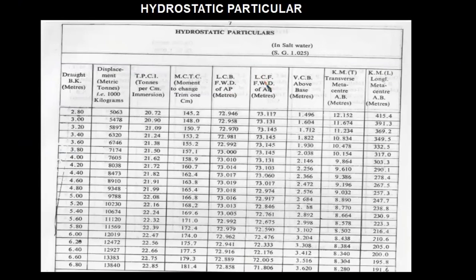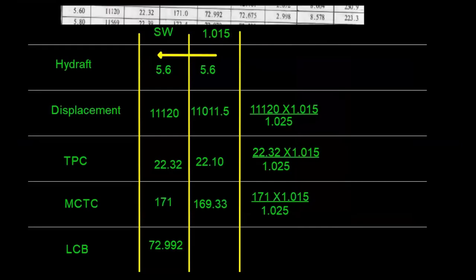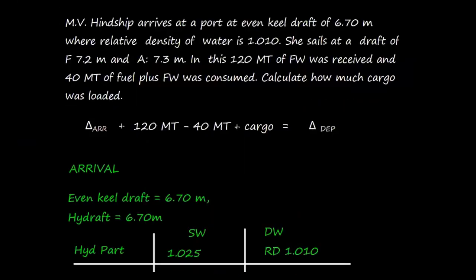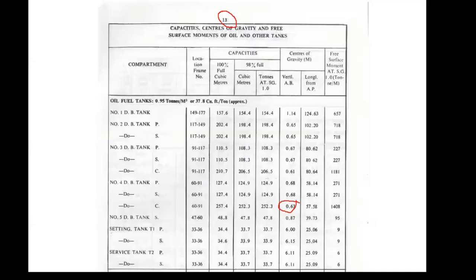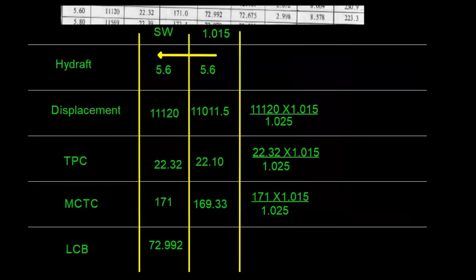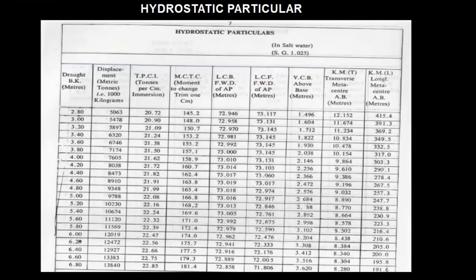Similarly, there is LCF. LCF is longitudinal center of flotation. Do you know about COF? Center of flotation. I know, but how is it defined? So center of flotation is the center of the underwater volume of the ship.